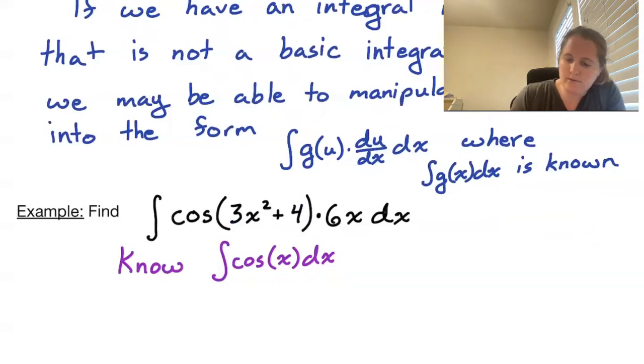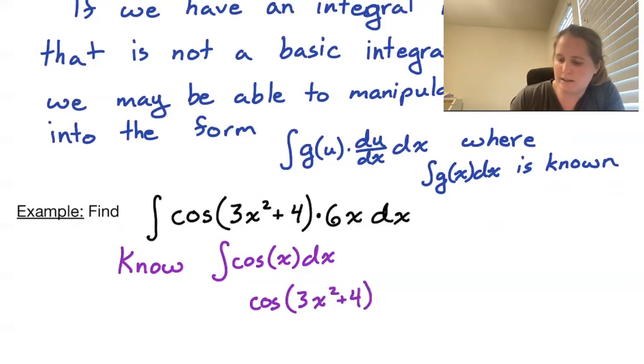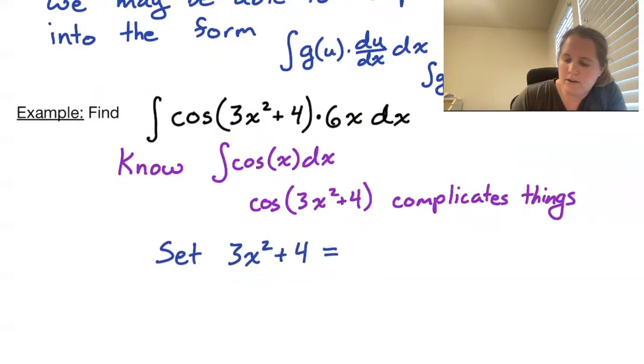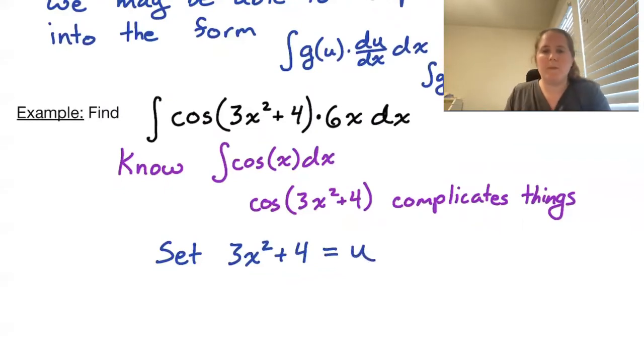Cosine of 3x squared plus 4 complicates things. So let's set 3x squared plus 4 to be our u.